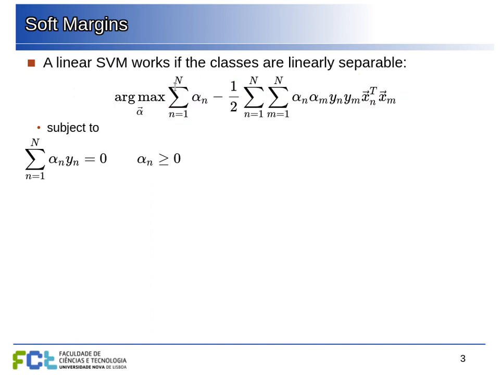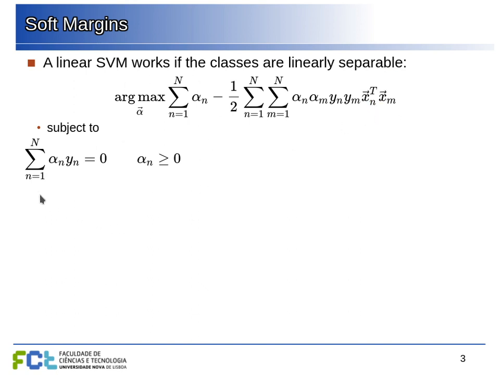And this has two terms, the sum of the alphas, and then this penalty depending on the product of, for each pair of examples, the product of the alphas, the class labels for that pair, which we consider to be plus or minus 1, and the inner product of the vectors for those two examples.